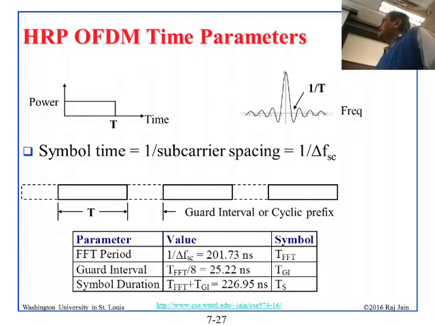The symbol is longer than T because we send a pulse and then we leave a gap. That was the guard interval. So the symbol is so long and the FFT part is so much. Now, actually we don't leave the gap. What we do is we send something anyway and hope that it will get there. If it doesn't get there, there's no big problem. But there's no point in leaving something unused.